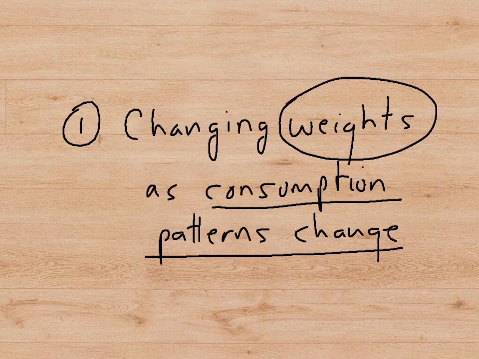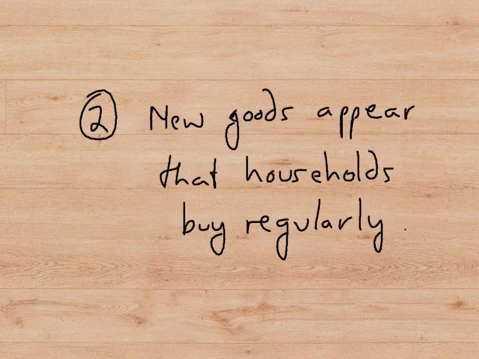This is an example of a changing consumption pattern, and it will affect the weights that we apply to the price of a domestic holiday compared to the price of a foreign holiday. If the weights don't reflect the consumption patterns, then the inflation rate will be inaccurate.